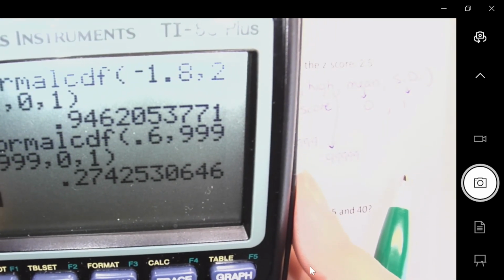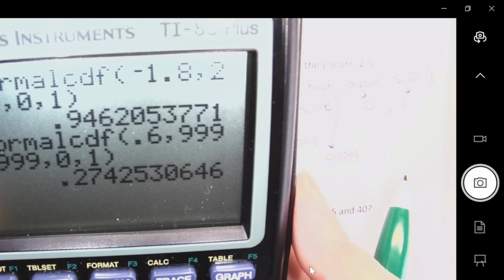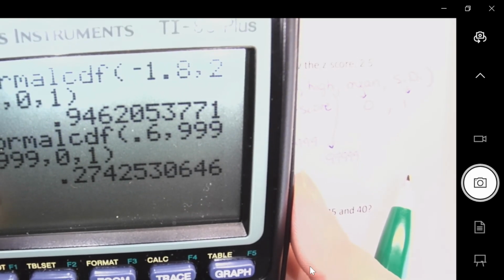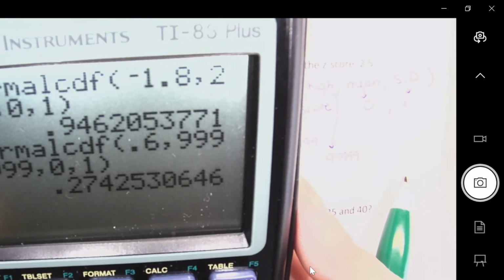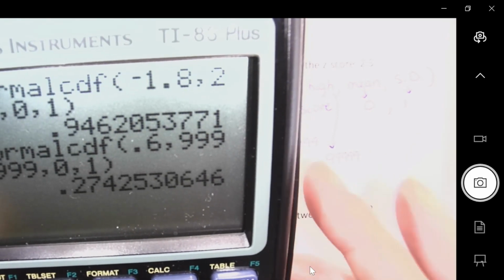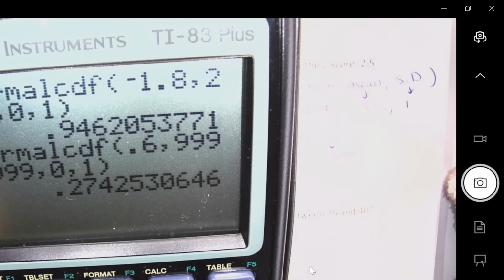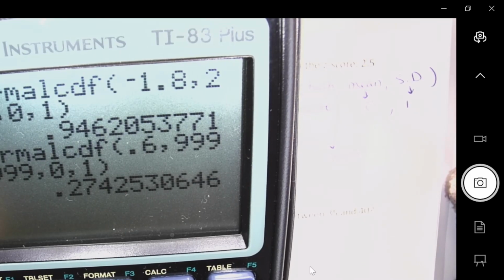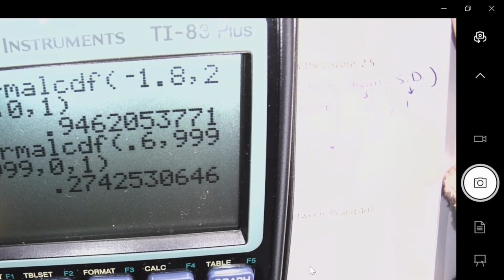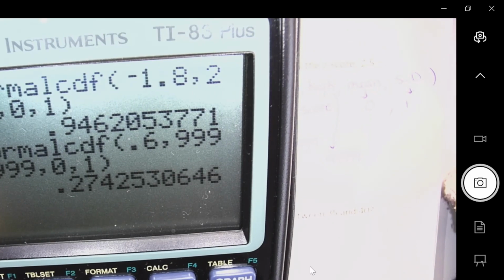Not working? Did you not get it? It came in error? Did you do the baby negative symbol or the minus sign? No, I did -1,8. Oh, instead of a point. Yep. That will cause it to error.